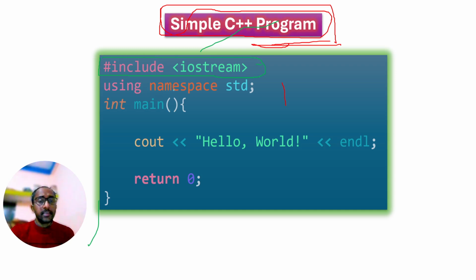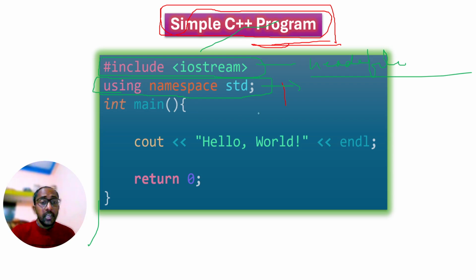Now what is happening here? We include the header file. This is called a header file. Using namespace std: we use the namespace of the standard library, so we use this line.